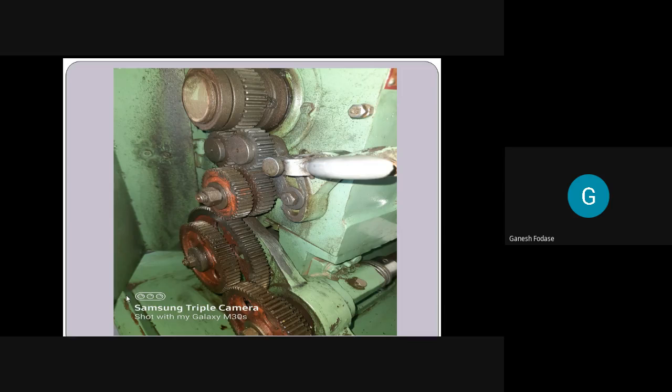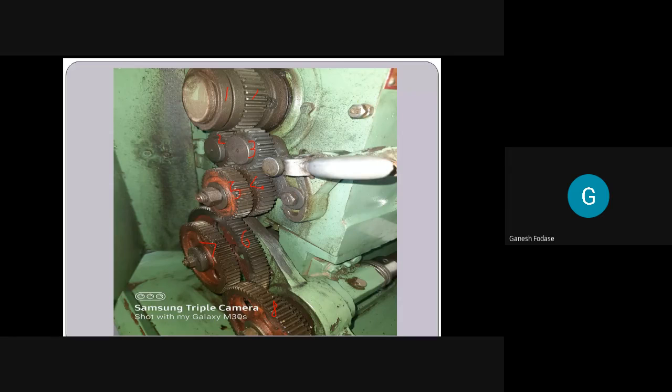Now let's say this is our gear 1. Actually here it is, this will be gear 1. In this case it is gear 2, this will be gear 3, it is gear 4, gear 5, 6, 7 and 8th.